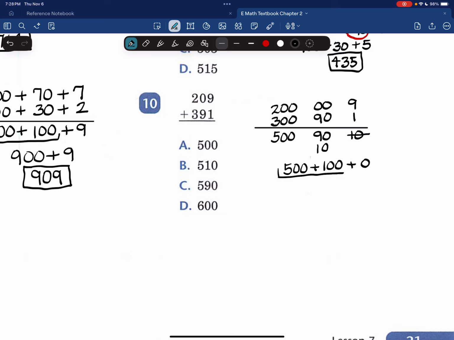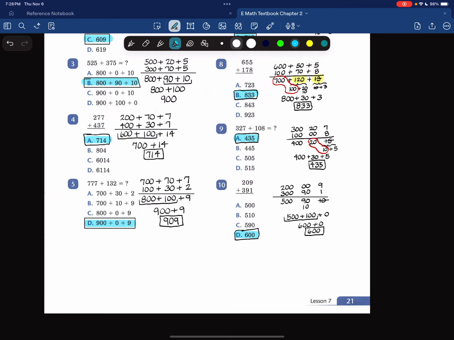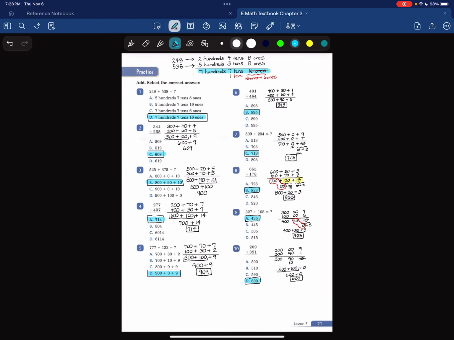And then I'll combine those hundreds to get 600s plus no ones. That is 600 as the final answer. So this really lets us visualize that renaming process. When rods get rolled into flats and cubes get rolled into rods, and then we get a final answer using mental math. And that's really the point of this exercise, is making us think the correct way.